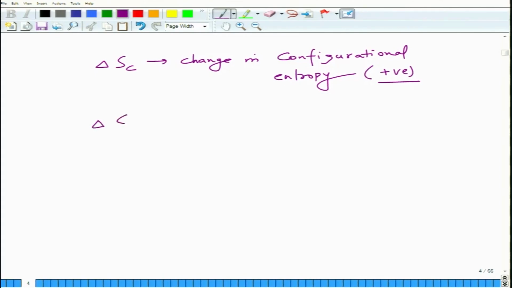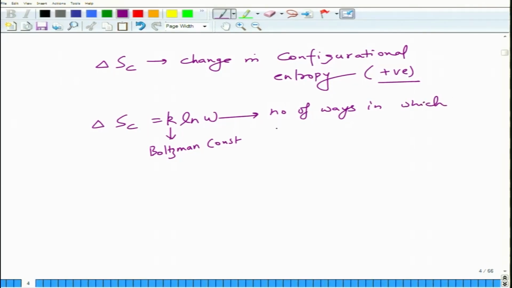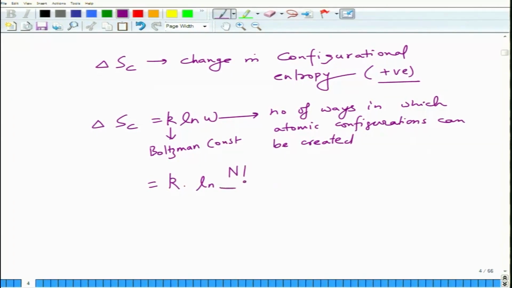Delta SC is equal to small k ln W, where k is the Boltzmann constant, and W is the number of ways in which atomic configurations can be created after you introduce a vacancy.